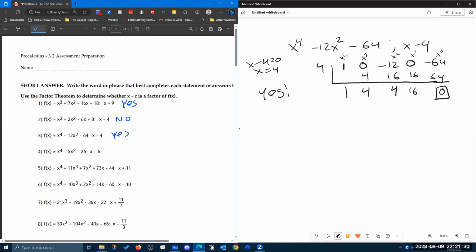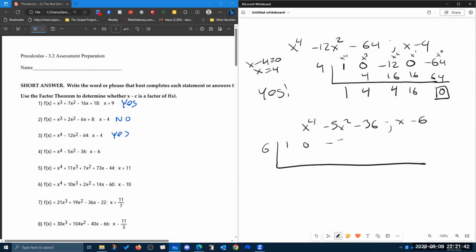Now let's try x to the 4th minus 5x squared minus 36 by x minus 6. This can be 6, 1, 0, -5, 0, -36. It should be pretty obvious by this point that it's not going to work.